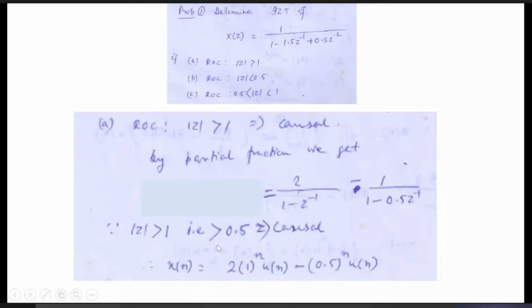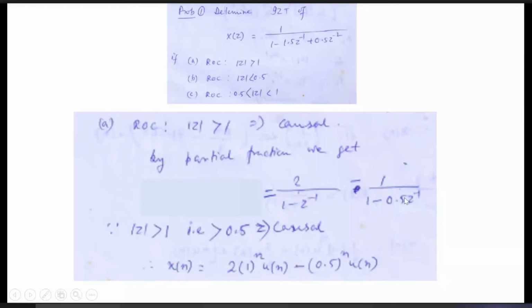So how will you identify the causal sequence? The first example is mod z greater than 1. Look at the poles. One pole is located at 1, another is located at 0.5.